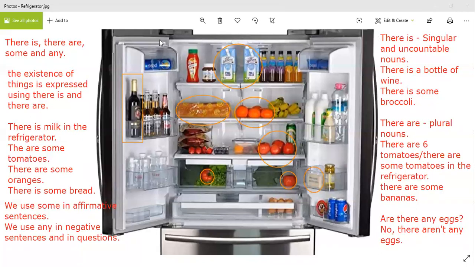So the next part of this is to identify when a noun is countable or uncountable so that you can use some and any correctly, and there is and there are correctly.